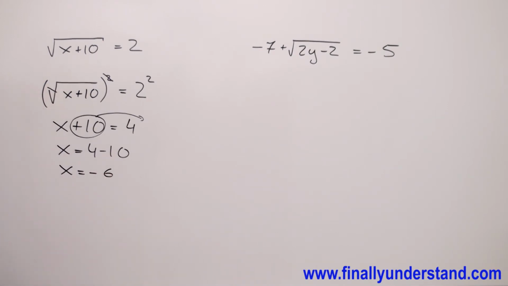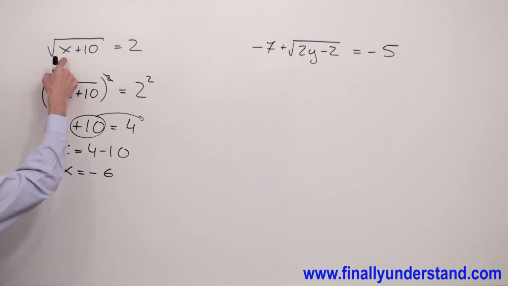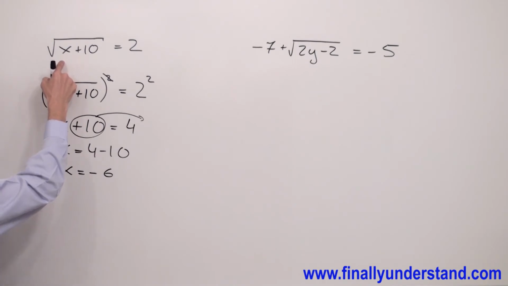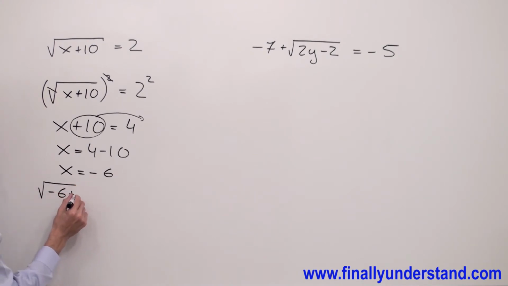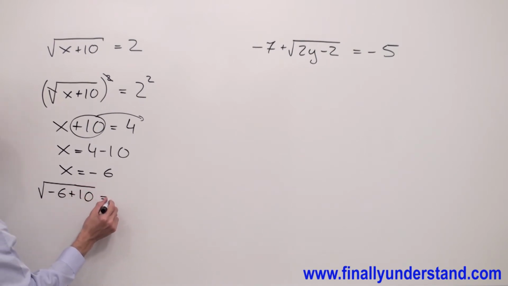Let's check if this is the correct answer to my problem. I'm going to replace my x in the original equation by negative 6. I have square root of negative 6 plus 10 has to be equal to 2.